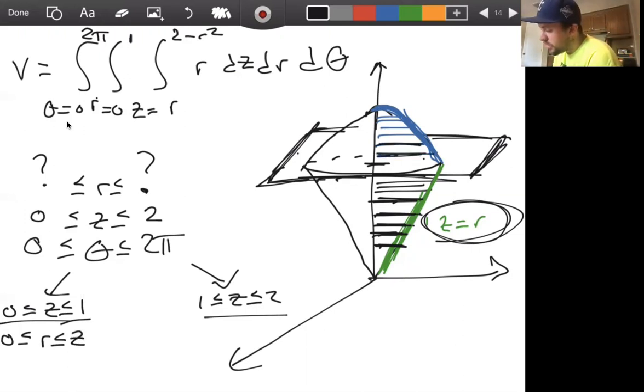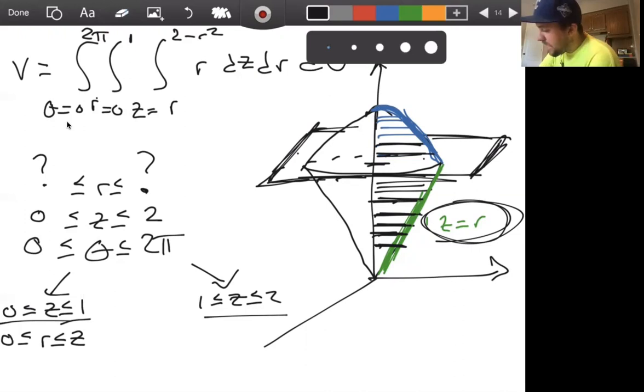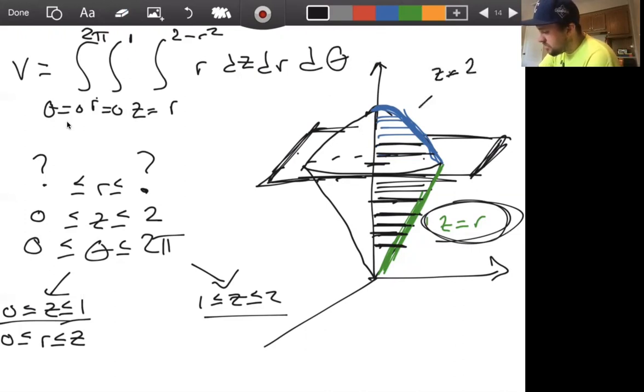When z is between 1 and 2, then r is bounded by the function z equals 2 minus r squared. So solving this for r, we get r squared is equal to 2 minus z, and so r is equal to root 2 minus z.